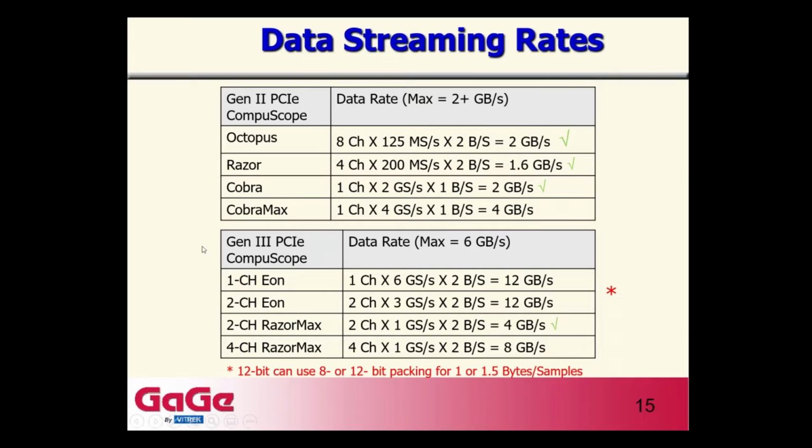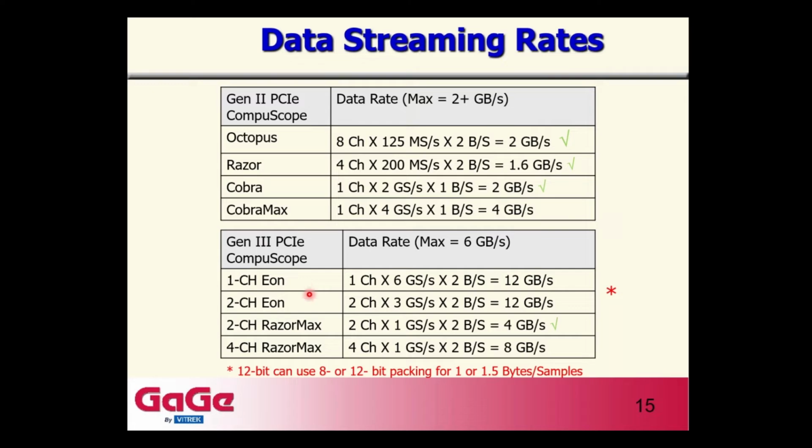Indeed, if we go to our newer generation of cards, it's a newer generation of PCI Express, so it goes, in fact, about 3 times faster. But our cards digitize at such faster rates that we've actually got fewer cards that can stream at full rate.